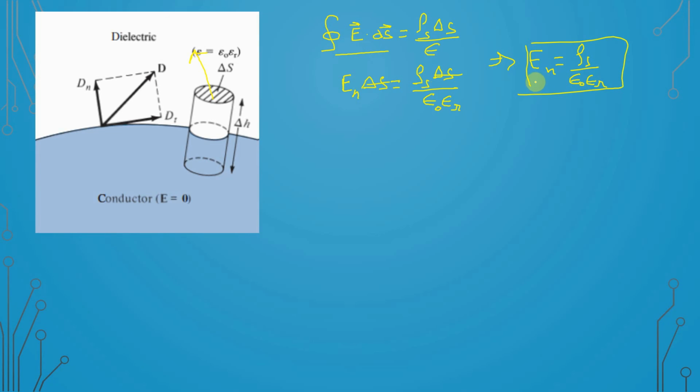The normal component of electric field at the conductor and dielectric interface is equal to the surface charge density on the conductor divided by the permittivity of the dielectric medium. Now if you want to write Dn, you can easily write Dn is equal to rho s, since Dn is epsilon naught epsilon r times En. That is also true here.